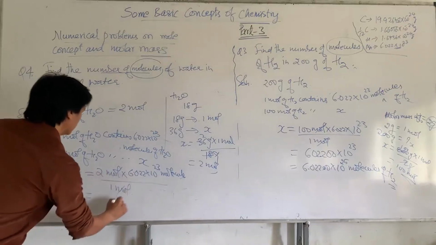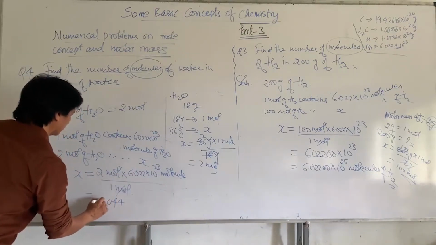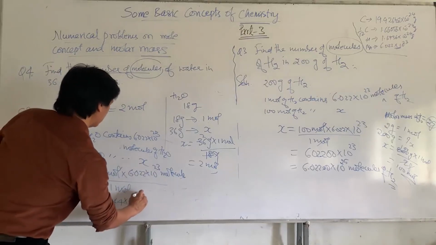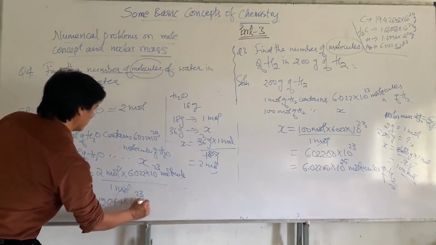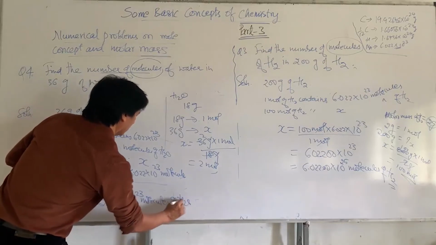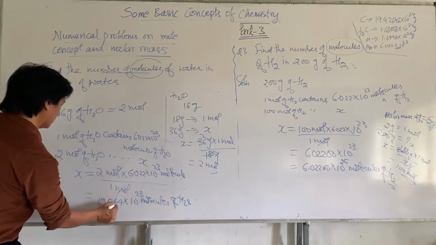So 2 2s are 4, 2 2s are 4, 2 6 12, into 10 raised power 23 molecules of water, right? And now the decimal point 3 digits from the back side, so it comes down here.